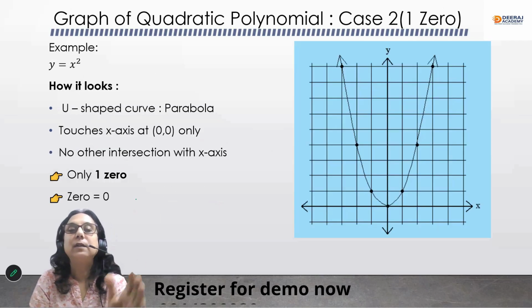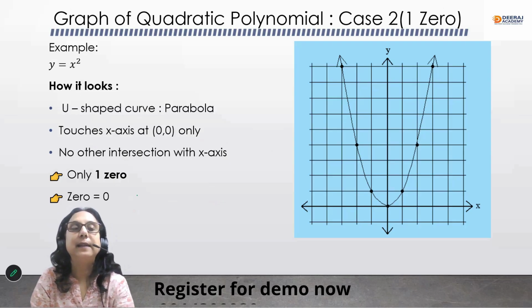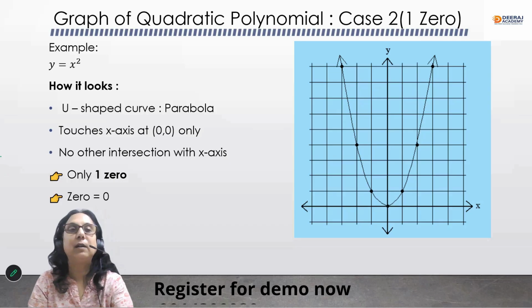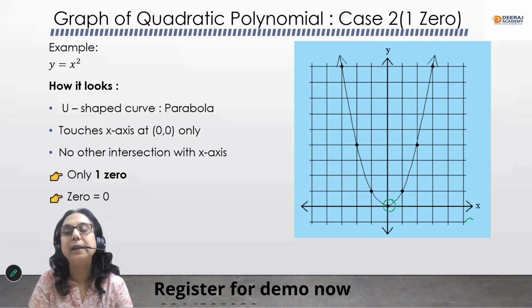When the graph intersects the x-axis at as many points, that many zeros the polynomial will have. So this is quadratic polynomial case 2. Here we have only 1 zero. From the graph you can see that it is intersecting at only 1 point.